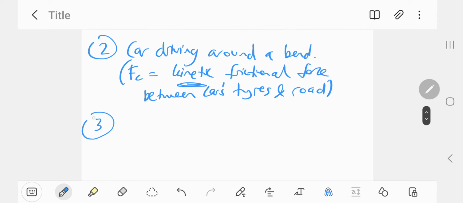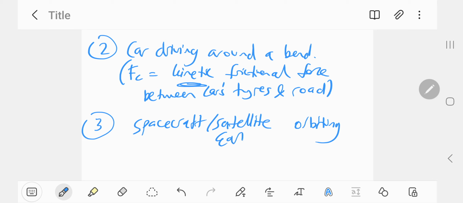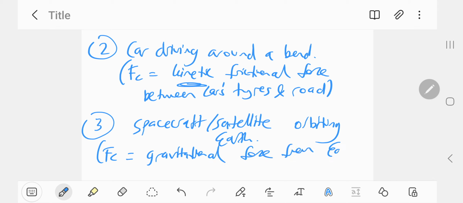And number 3, a spacecraft or a satellite orbiting Earth. And the centripetal force in this case is the gravitational force from Earth. Any satellite that's orbiting around Earth is doing so because of the gravitational pull due to the Earth.